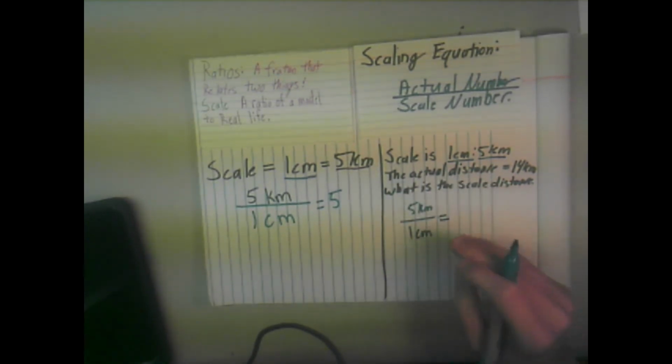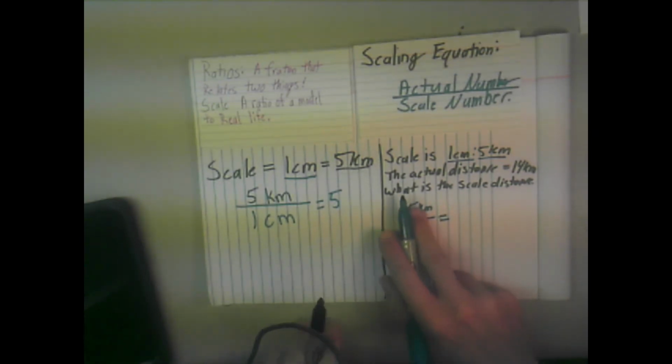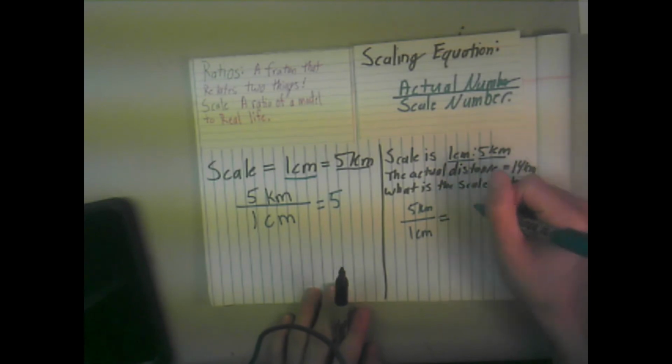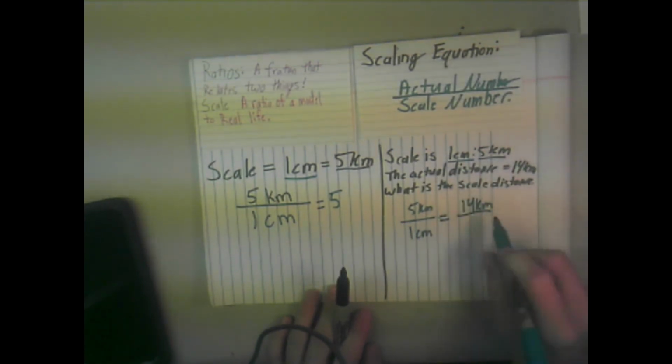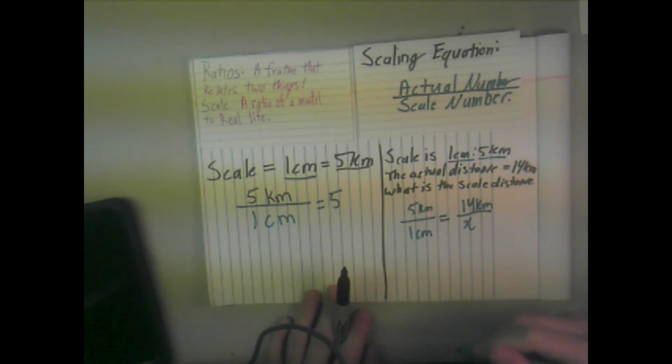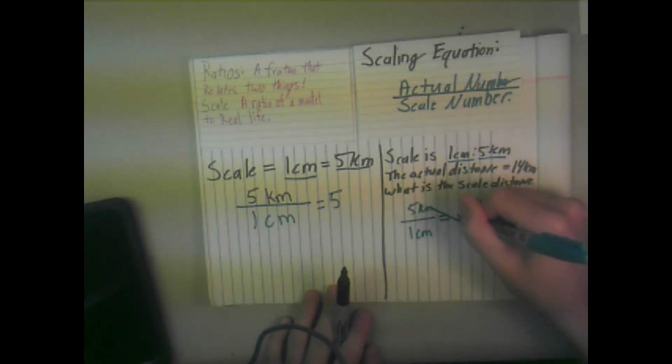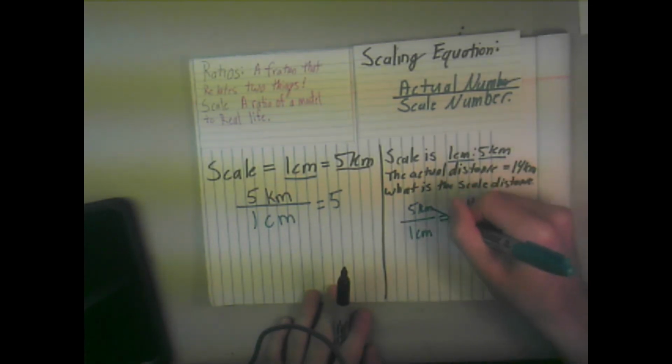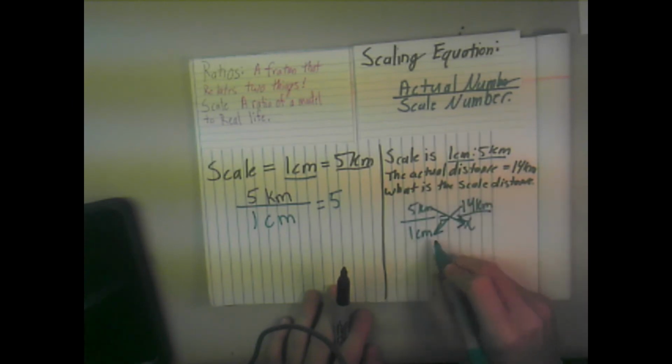Now, they have to always be equal to one another. So it's going to be equal to, what's the actual distance? Well, it's 14 kilometers. And do we know the scale distance this time? Nope. So we can put an x on the bottom. So now we cross multiply. 14 times 1 gives us 14. 5 times x gives us 5x.